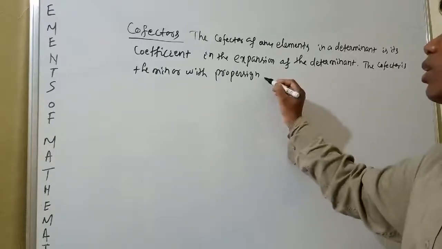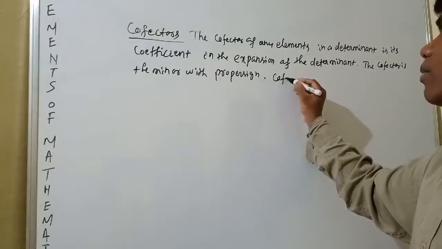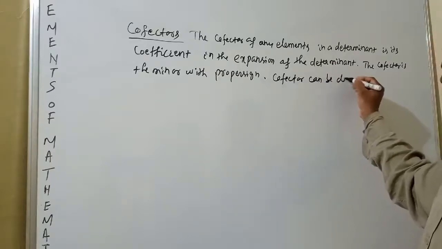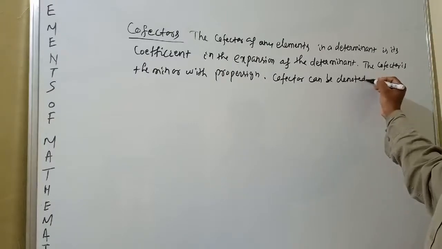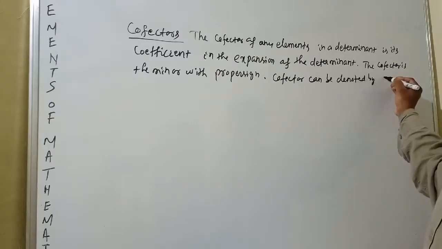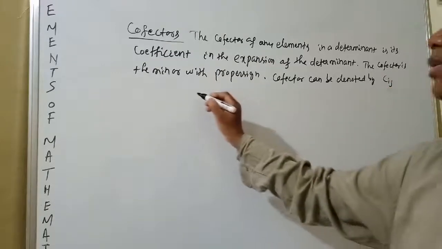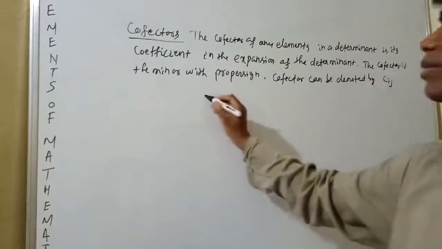You see, cofactor can be denoted by Cij, where i is row and j is column.